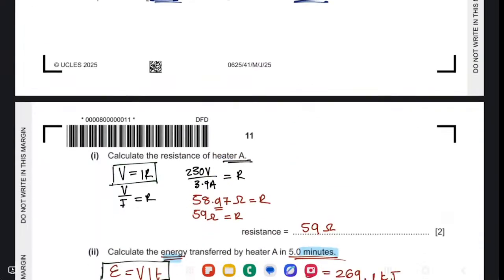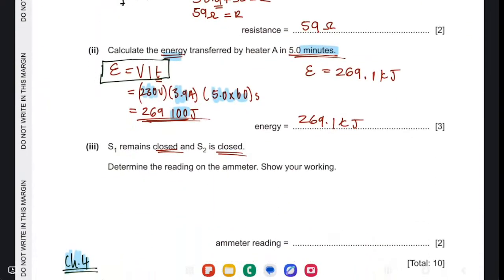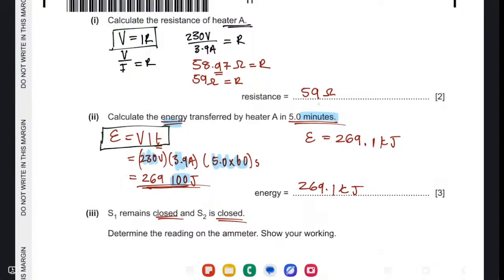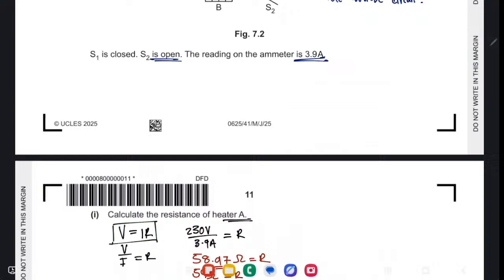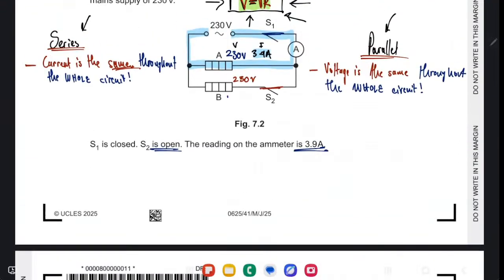Now, we have found the resistance of the first to be 58.97. So we know that this one also, the R is 58.97. We may not know the current, but we know the resistance. Why would we say that? They're identical.